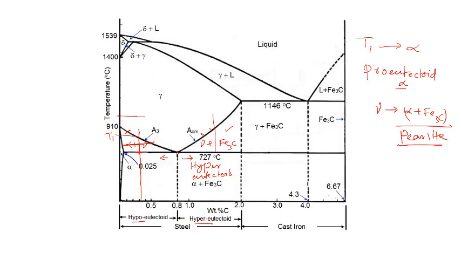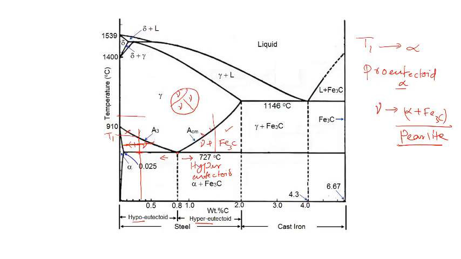Okay. So right here in the single phase region, this is only austenite that you would see in the microstructure.